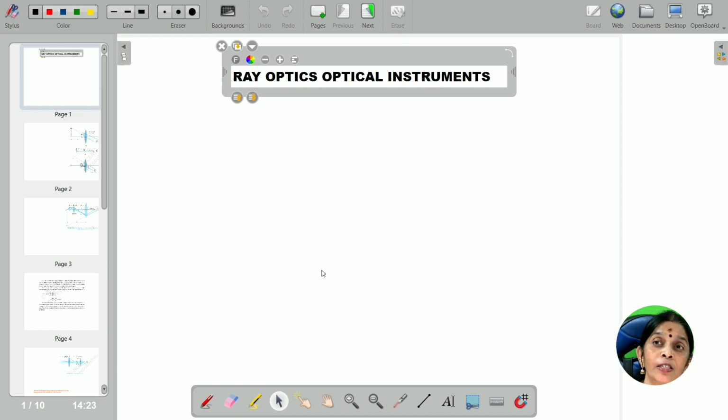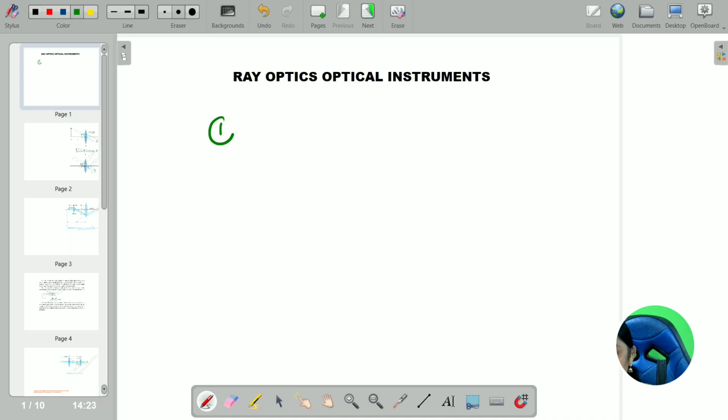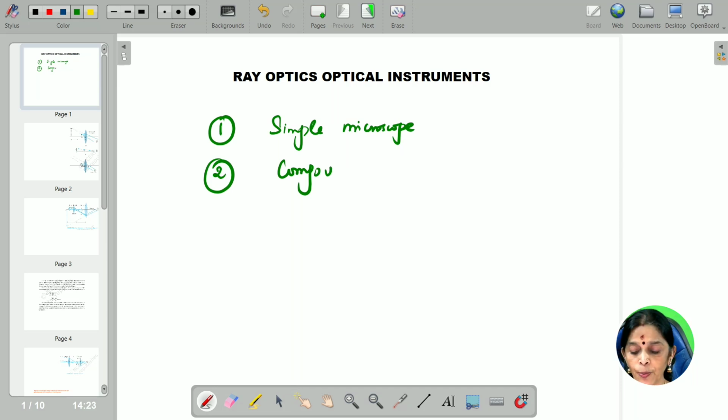But today we are going to see optical instruments. In optical instruments, we are going to learn about number 1, simple microscope, that is nothing but a magnifying glass. Number 2, compound microscope. And number 3, telescope.